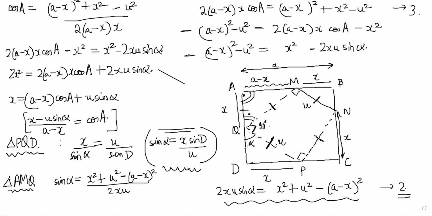So what is u sin α? This quantity is positive, right? This quantity cos A is greater than or equal to 0. Why? Because x is greater than u sin α.